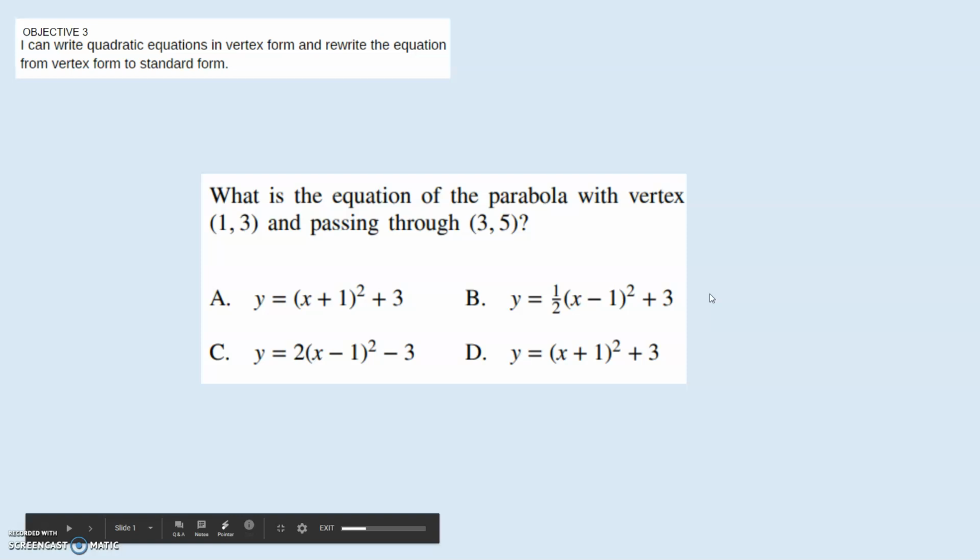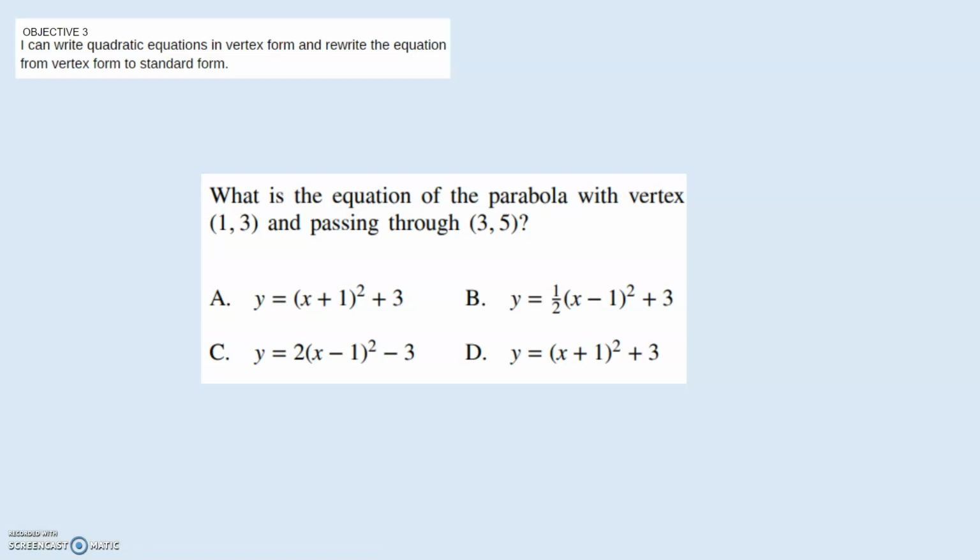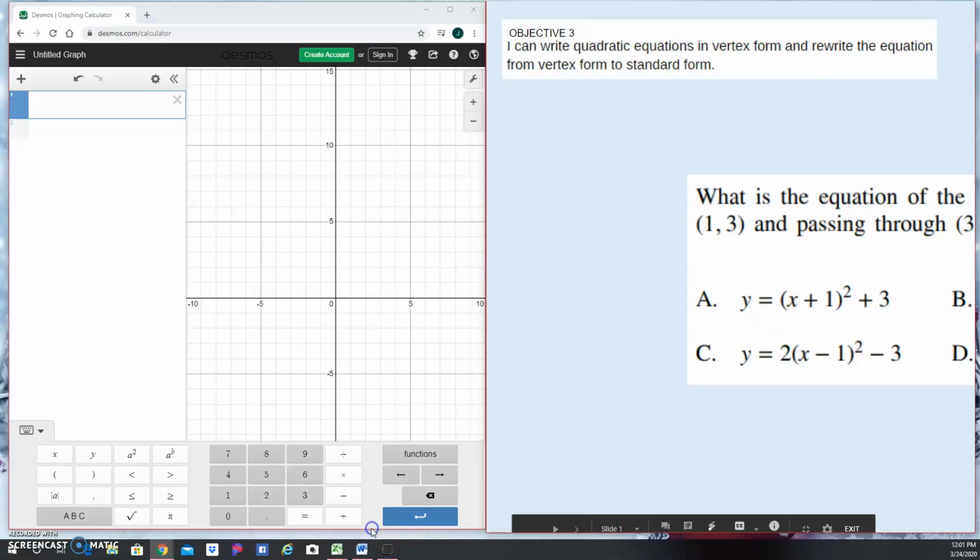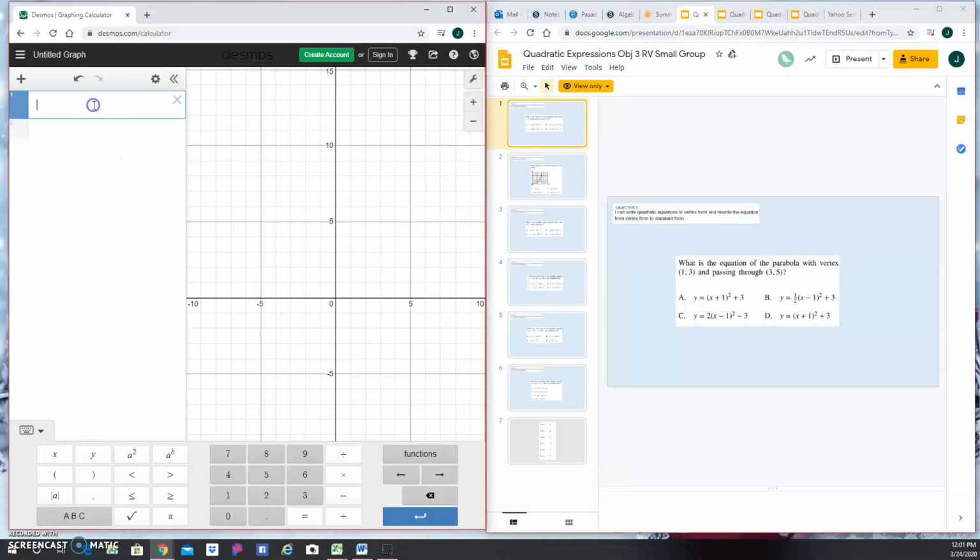Alright, let's go ahead and answer this question. It says, what is the equation of the parabola with vertex of 1, 3 and passing through 3, 5? So Desmos will help us on this one. So I'm just going to go ahead and plug in the first function, which is y equals (x plus 1) squared plus 3.